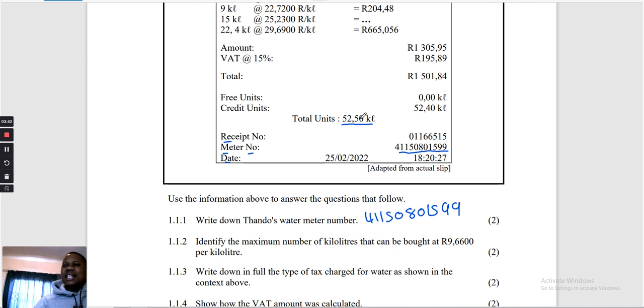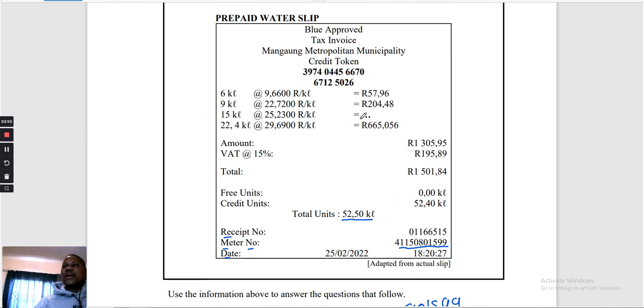Okay, let's go to the second one. They say identify the maximum number of kiloliters that can be bought at 9 rand 66 cents per kiloliter. So when you come back here, this is where we're going to look. We see the 9 rand 66 cents per kiloliter, there it is. So what is the maximum kiloliters?